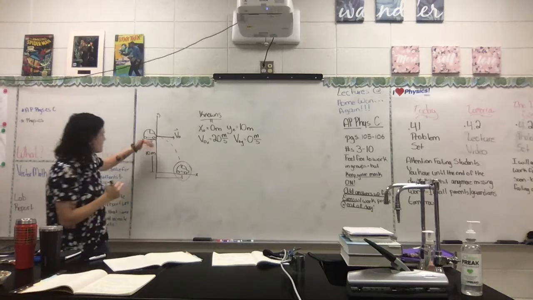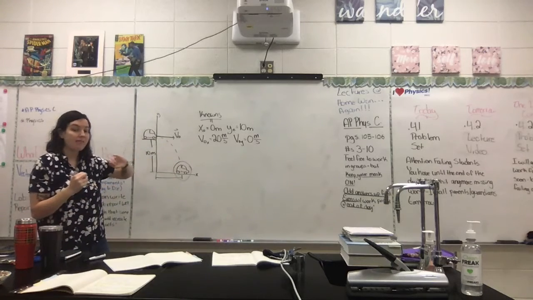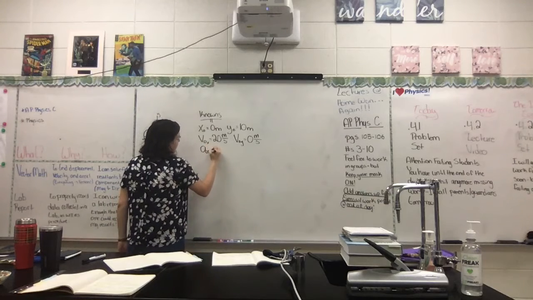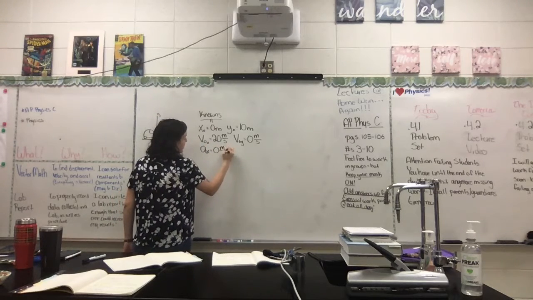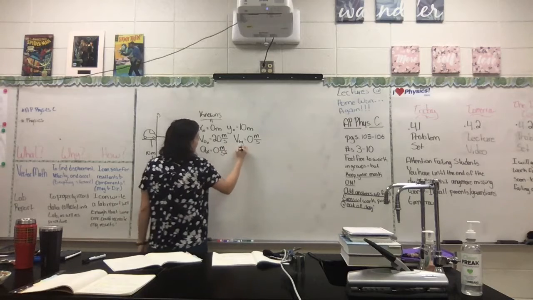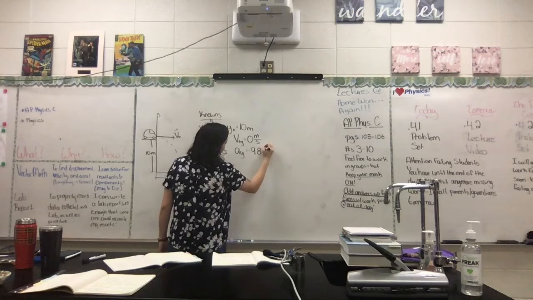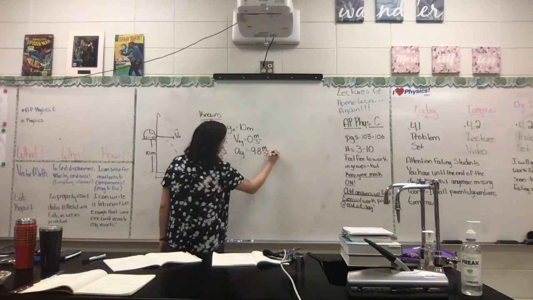We also know that this is a parabolic trajectory, right? So that means that this is a projectile. So our acceleration in the x direction is going to be 0 meters per second squared, and our acceleration in the y direction is going to be negative 9.8 meters per second squared.